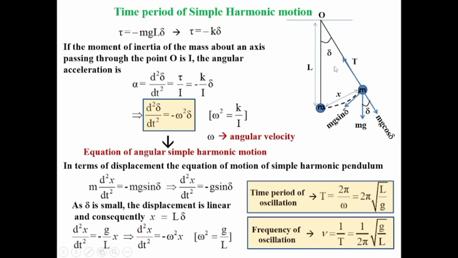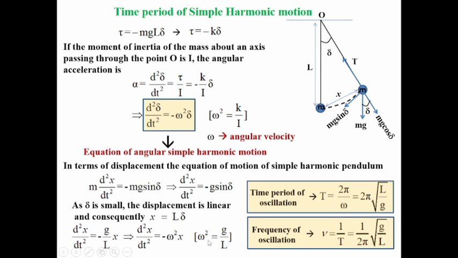Putting sin delta as delta, that is x by L, we get d2x by dt2 equal to minus g by L x, that is minus omega square x, where omega is root over g by L. The time period of oscillation will be 2 pi by omega.